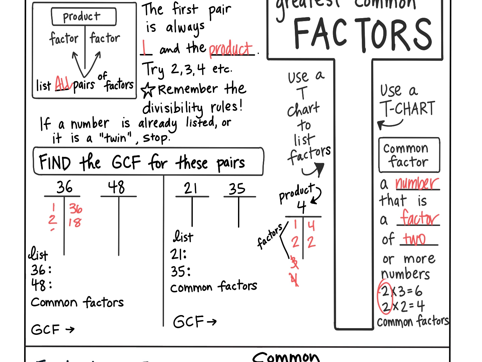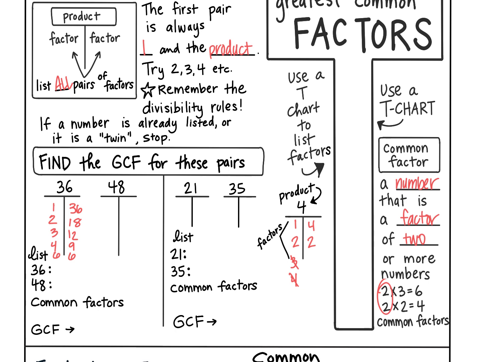What about 3? 3 times 12 is 36. What about 4? 4 times 9. What about 5? No. What about 6? Yes. 6 times what? Okay, notice how it is a twin here. 6 and 6, those are twins. So now I stop.